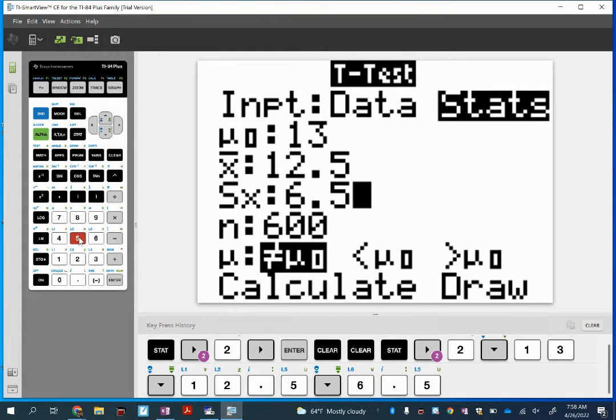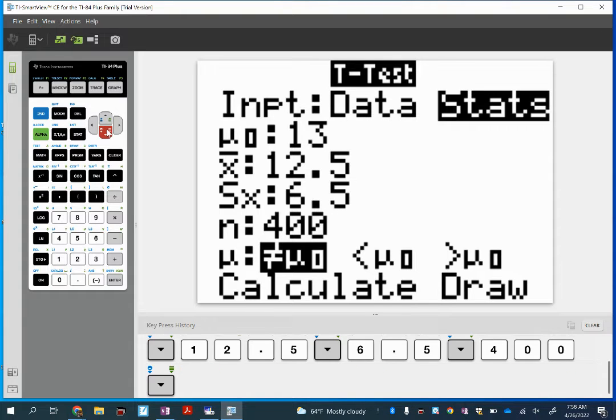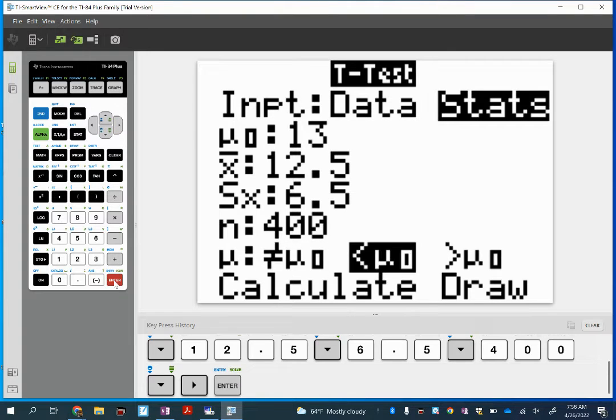Sample size? 400. Okay, and then what are we picking for the alternative hypothesis? Less than. So go over and hit enter on less than. Hit down and then enter on calculate.